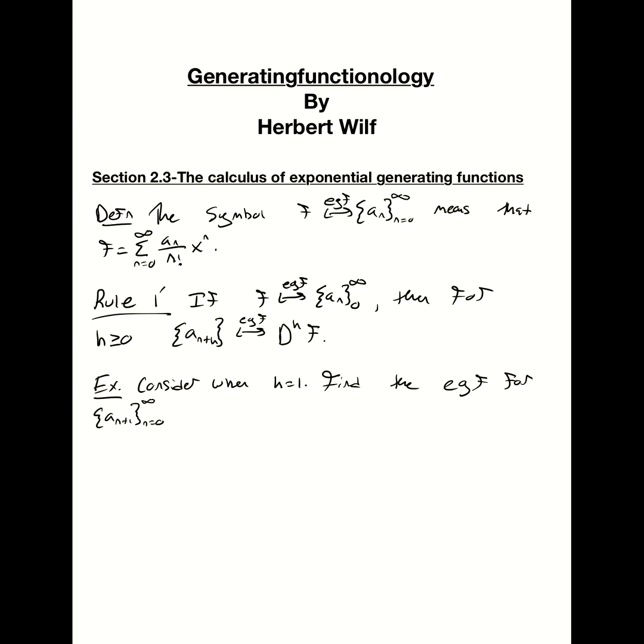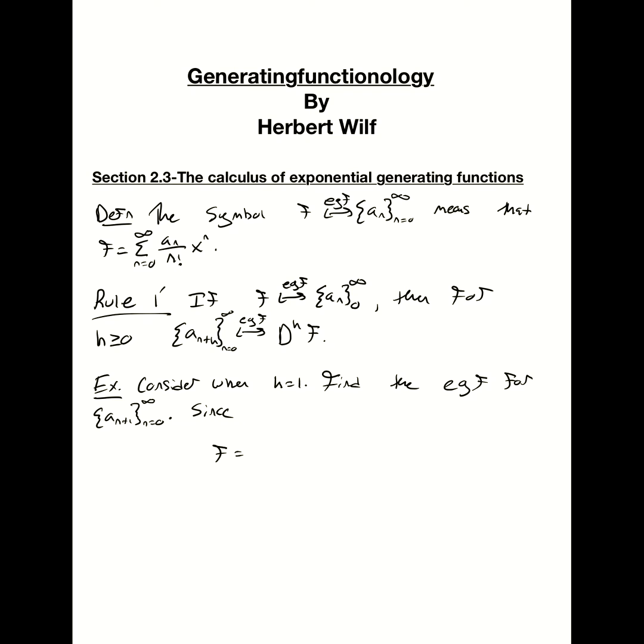And I should note that in this rule, n ranges from 0 to infinity. Okay, so that's why it's exactly a shifted sequence. In our example here, since n starts at 0, the sequence itself is going to start at a sub 1, whereas the original sequence started at a sub 0, so we are indeed shifting it.